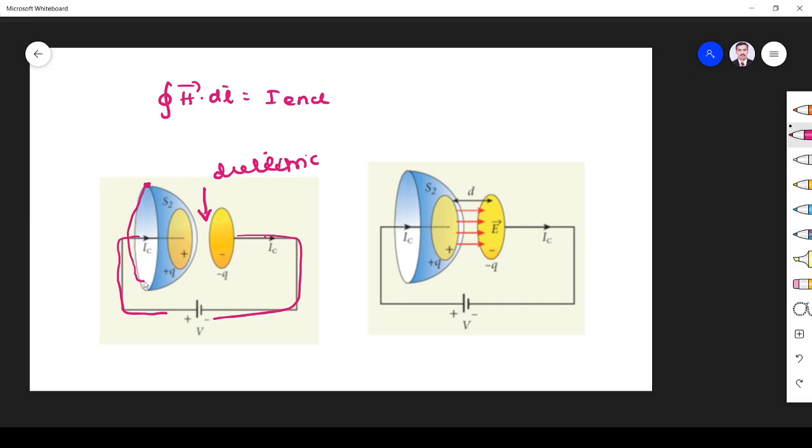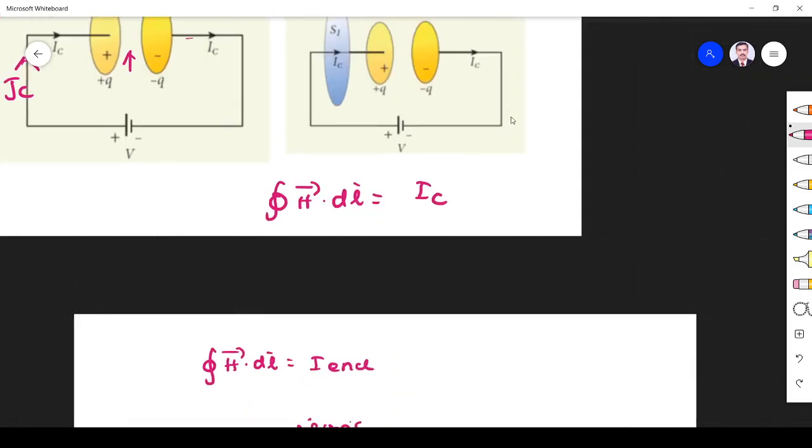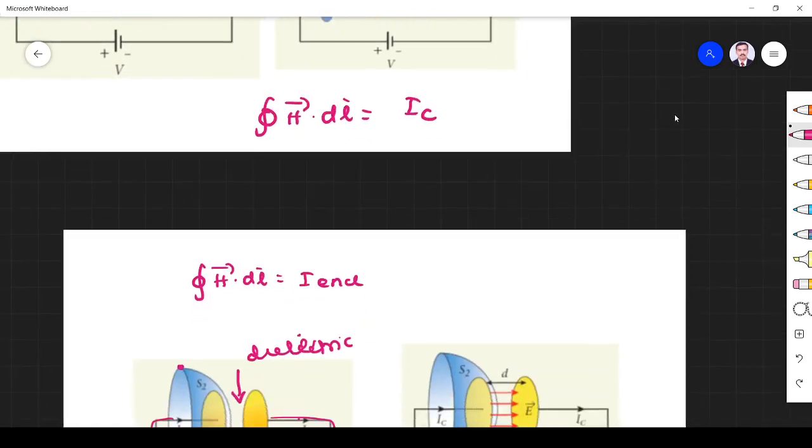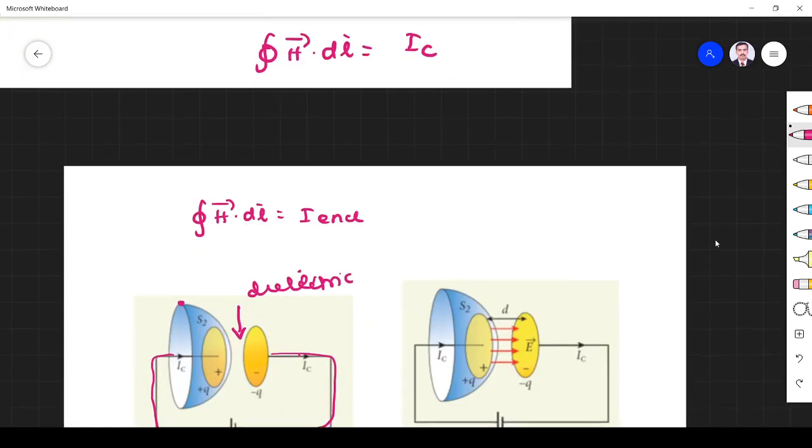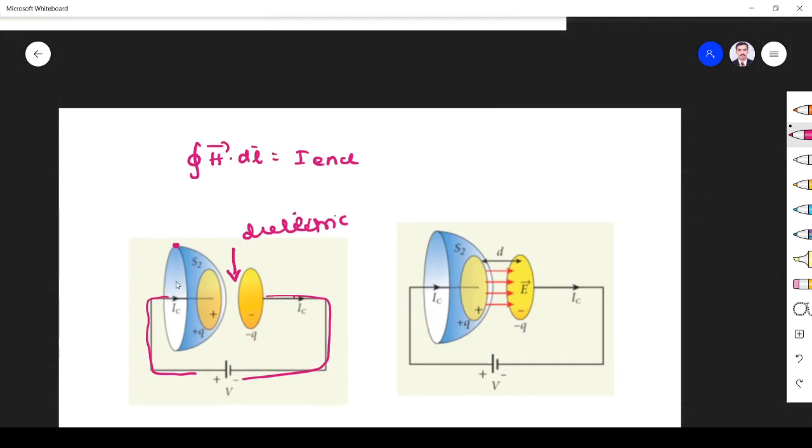For the earlier case and this case the boundary is the same, but the shape of the surface is different. Here it is a balloon, there it is a loop, but the boundary is the same for both.